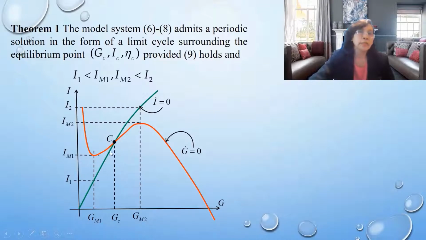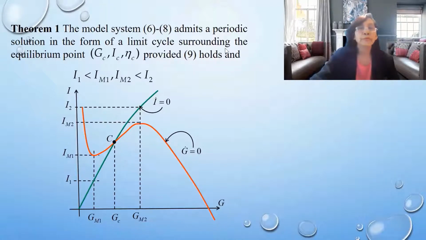So this is the projection of the fast manifold onto the GI plane, and the green curve is the projection of the intermediate manifold onto the GI plane.